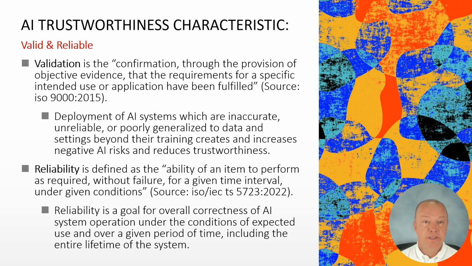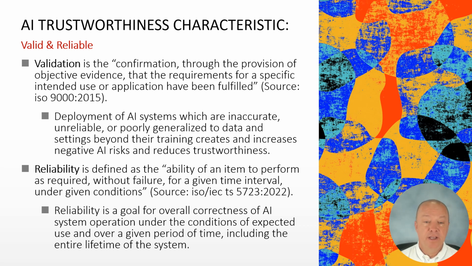Validation is the confirmation, through the provision of objective evidence, that the requirements for a specific intended use or application have actually been fulfilled. Deployment of AI systems which are inaccurate, unreliable, or poorly generalized to data and settings beyond their training creates and increases negative AI risk and reduces trustworthiness.